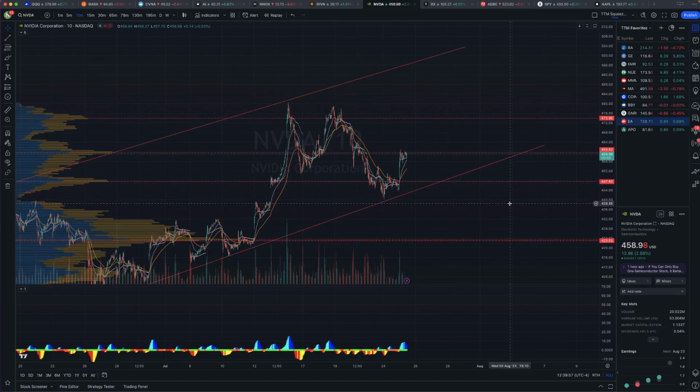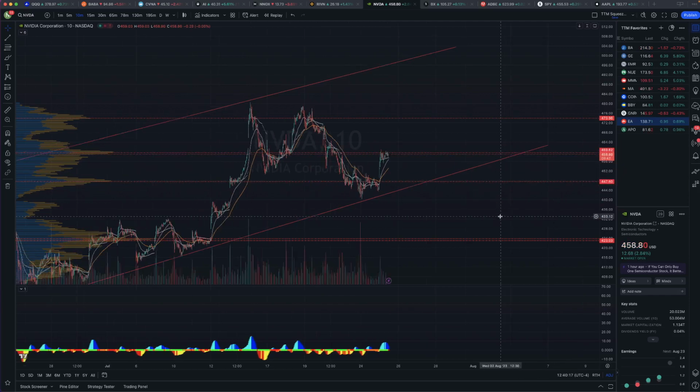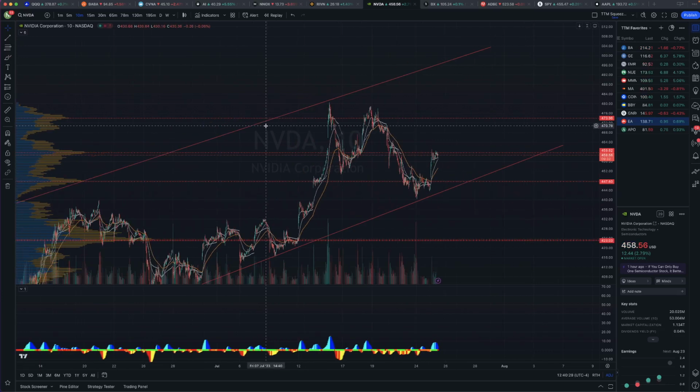So those are the levels I see kind of where we are now. Major levels at 473.95, basically 459.66 and 447.64, with a much larger support down here at 423.59. So that's NVIDIA for right now.